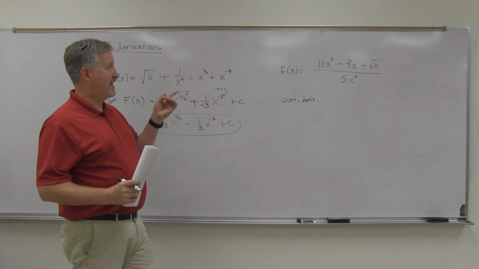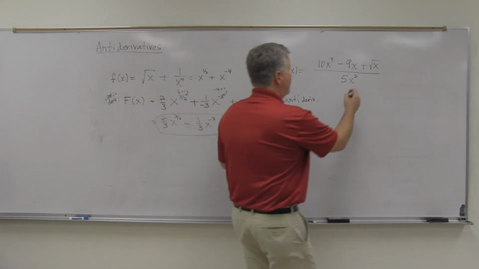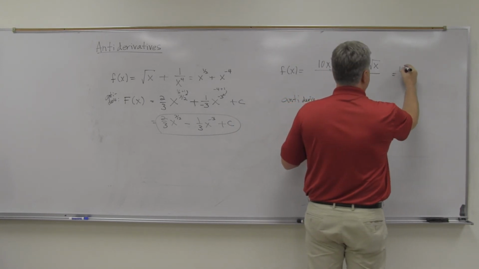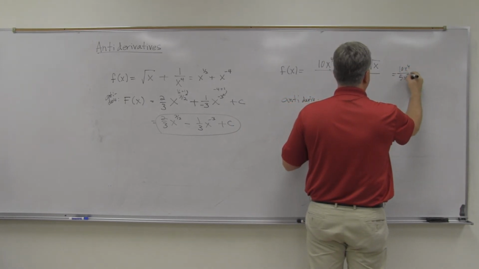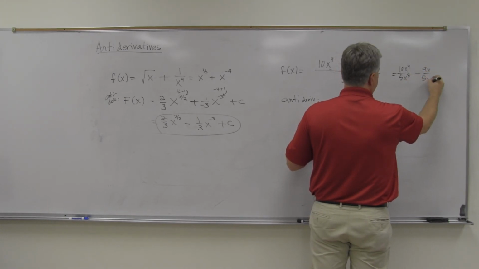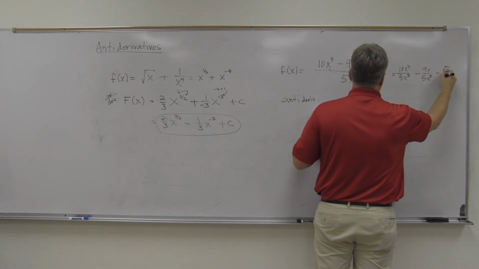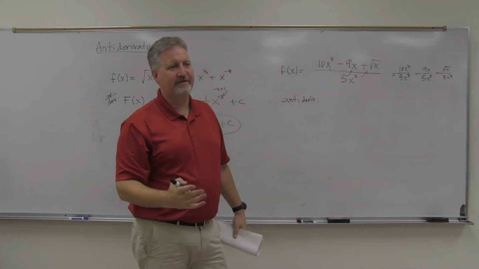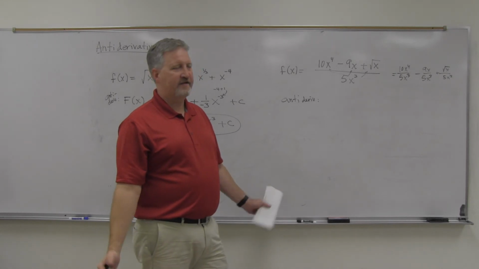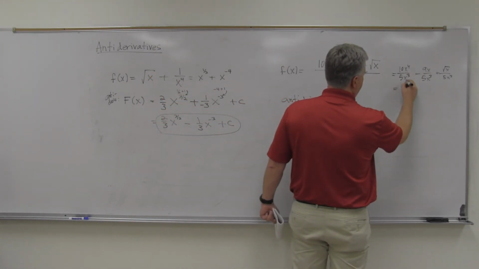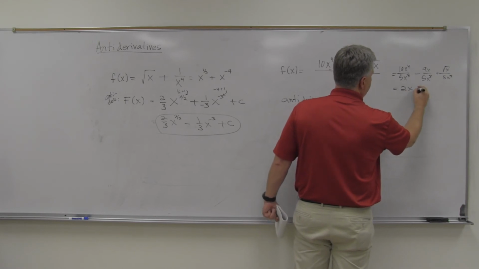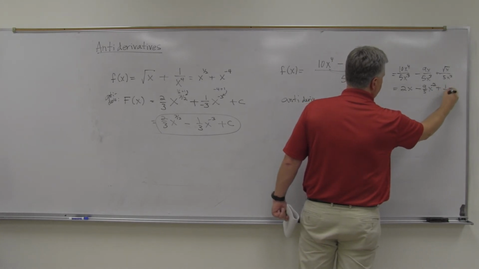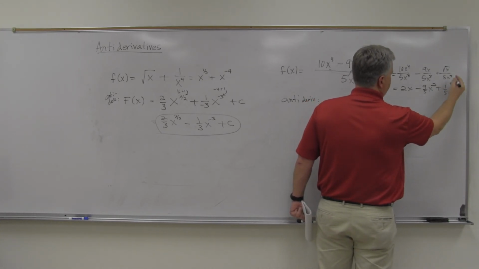One thing we can do, and in this case it works, is we can just take 5x cubed and divide into all those. That's one possibility. If you can do that, that's one fix. That won't always be a fix, but if it's just a monomial like that, you can do that. So that makes f, 2x minus 9/5 x to the negative 2 plus, and this would be 1/5 x, what power there?